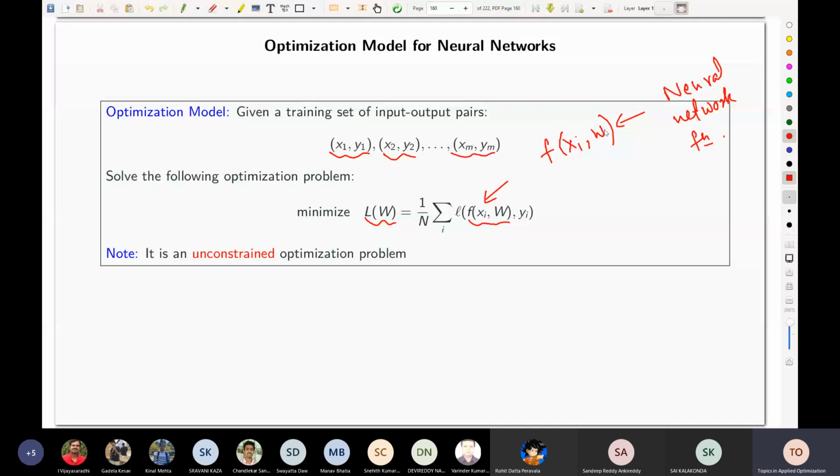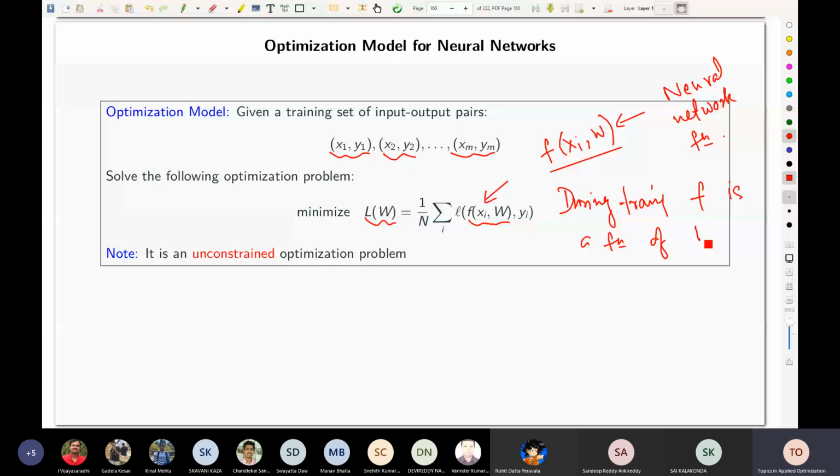It depends on what f is a function of. It depends on whether you're doing training or testing, right? During training, how do I see this?